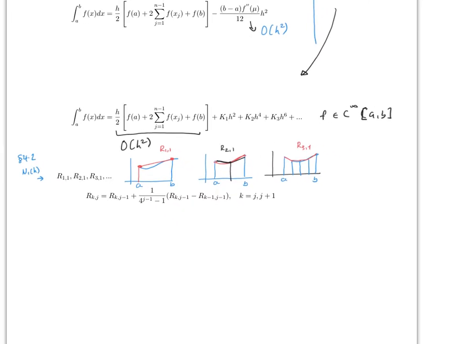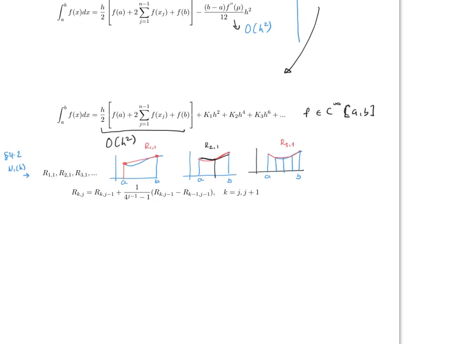Now all of this, R11, R21, and R31, will be O of h squared. That will be the precision. So just like in 4.2, the goal of the extrapolation is to go from h squared to h to the 4 or h to the 6 and so forth.